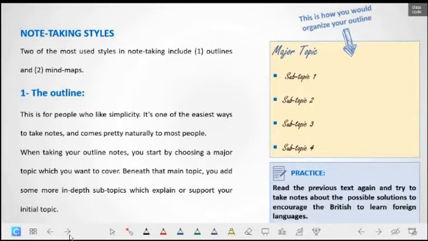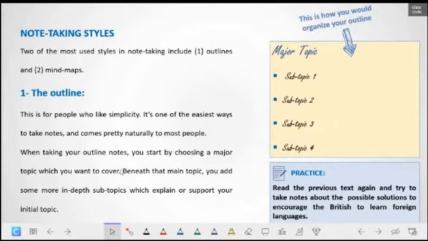You have the major topic, and subtopics beneath it. It could be 1, 2, 3, 4, 5, 6. It depends. So read the previous text again and try to take notes about the possible solutions to encourage the British to learn foreign languages. This is your practice.